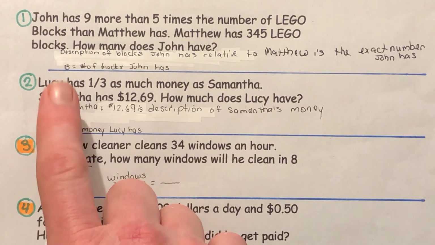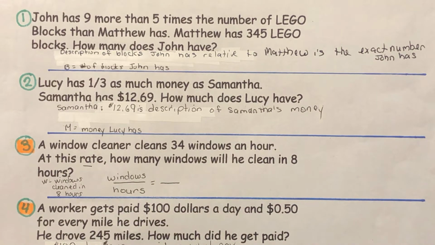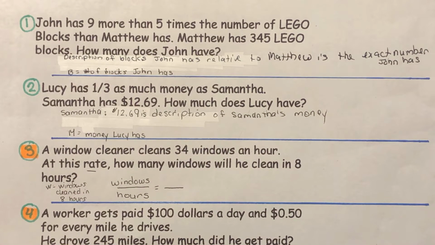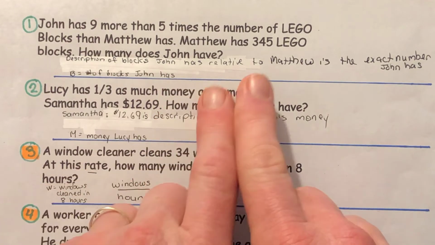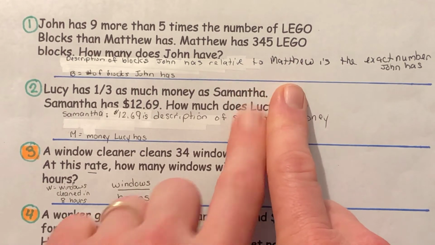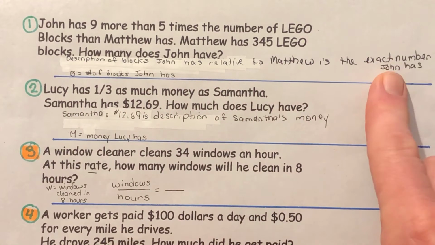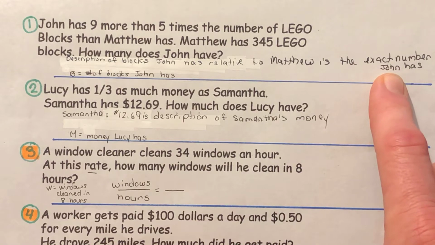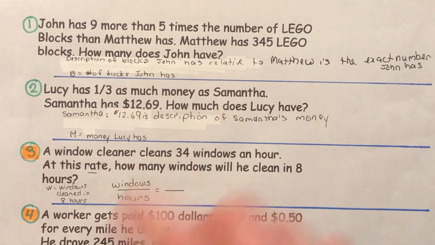So when you have B, that is the number of blocks John has. So all of this equals B. The way you'll write it is to have all of your operations on the left side and then equals B. You have the description of John's relative to Matthew equals his exact number, which we don't know, so we'll put B equals B. So read all that and you should be able to set up your equation.